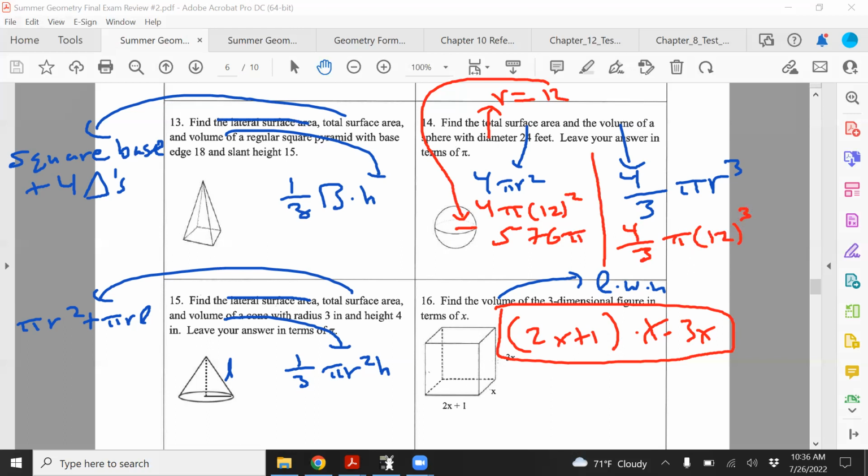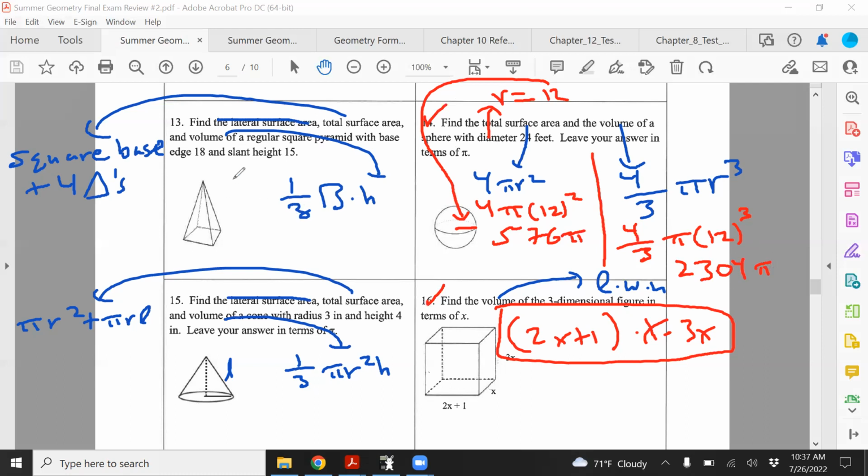Maybe a calculator for that one. That's going to be 2304 pi. So these two are done.